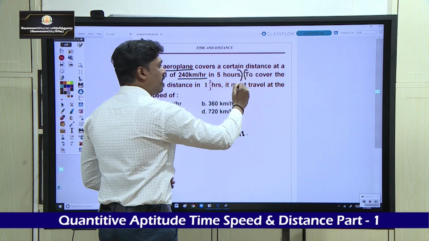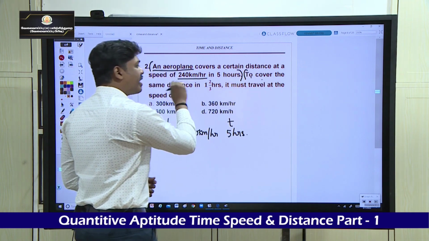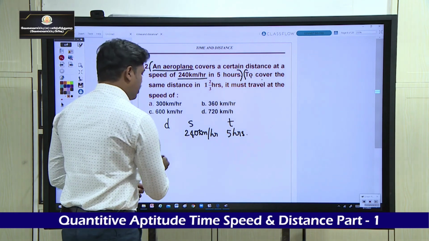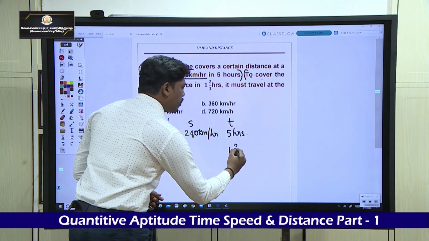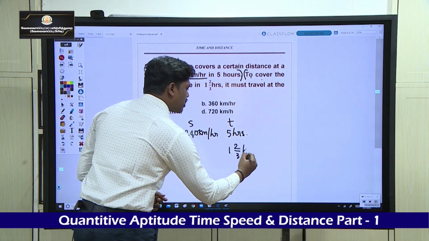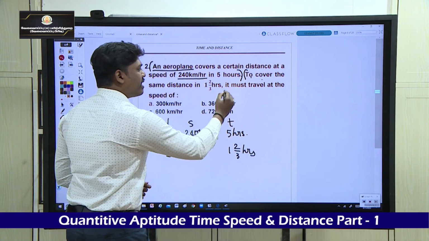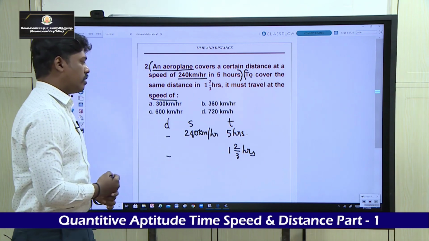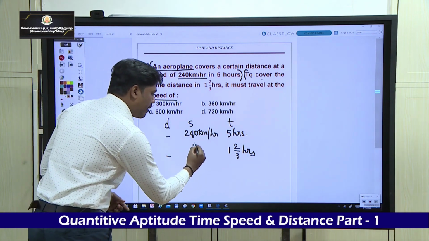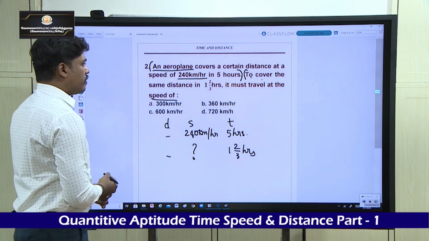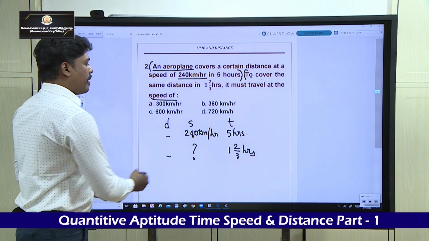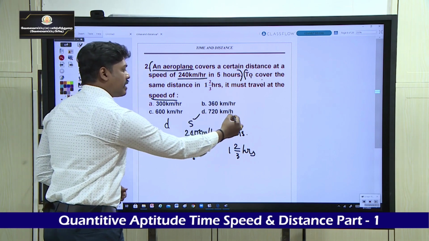Now look at the second part. To cover the same distance in 1 2 by 3 hours, it must travel at the speed of what? So what must be the speed of the aeroplane? From the first part I am having the speed as well as the time.